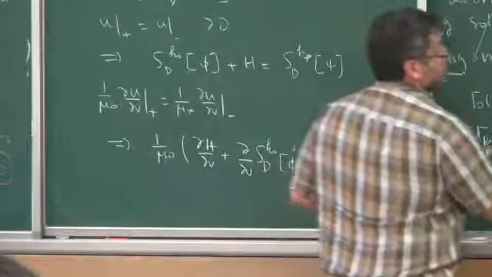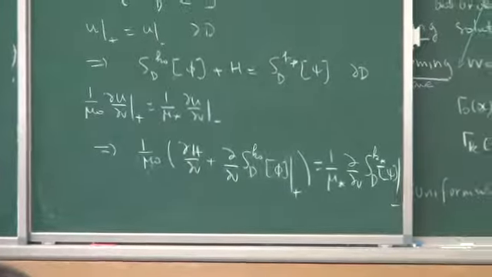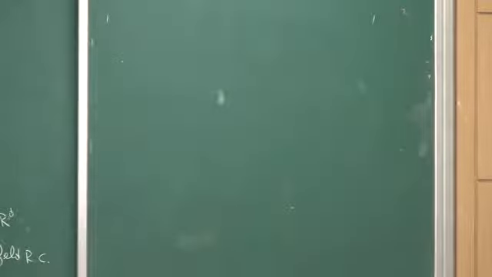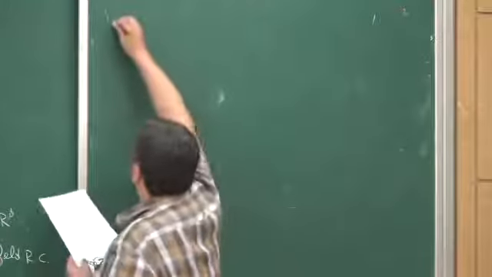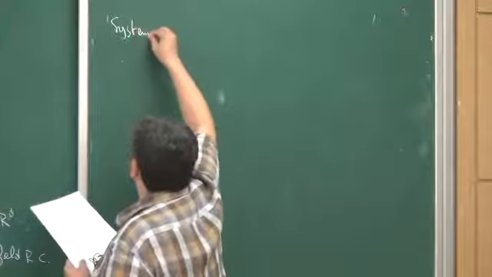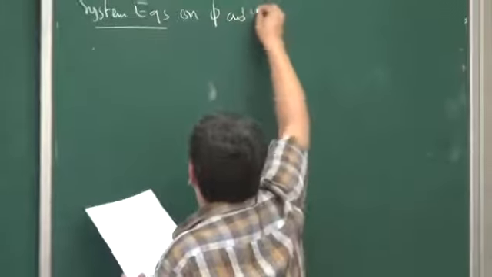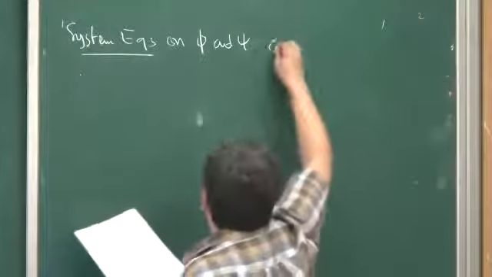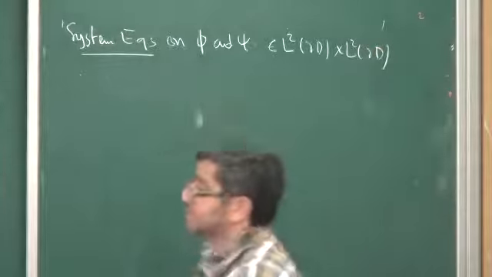So let me write it here. This system of equations for phi and psi has a unique solution in L2 of the boundary times L2 of the boundary, provided h is smooth.